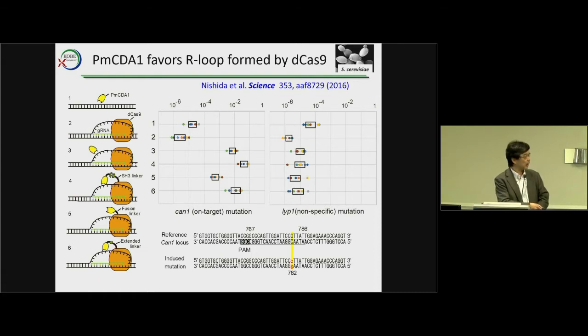So AID does not necessarily need to be conjugated to the dCas9. But in our case, we utilize this conjugated system 6 with a linker of enough length, because this is more easily utilized as a one-protein fusion protein.